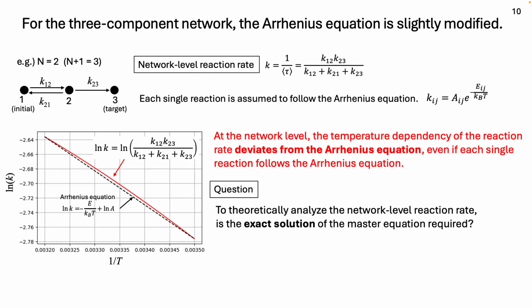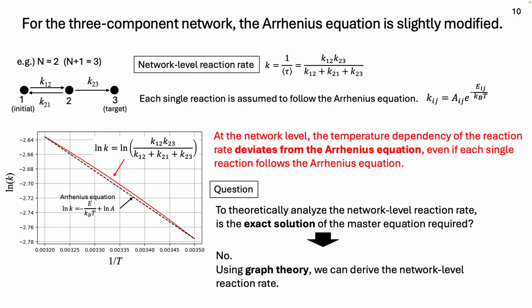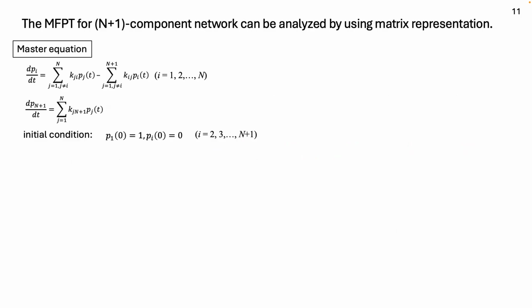Is it necessary? The author says no. Using graph theory, we can derive the network reaction rate without the exact solution. And next, I'll explain the generalization of this analysis.